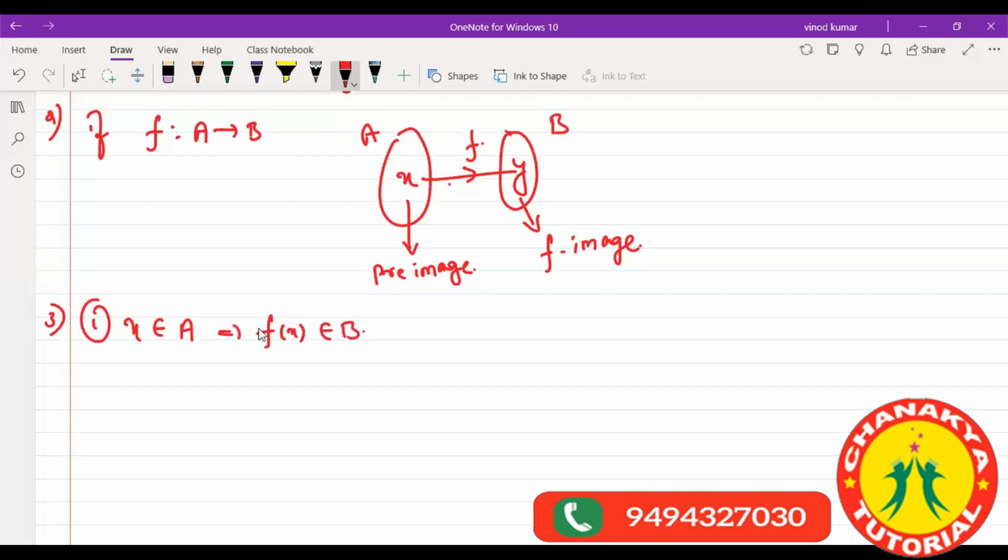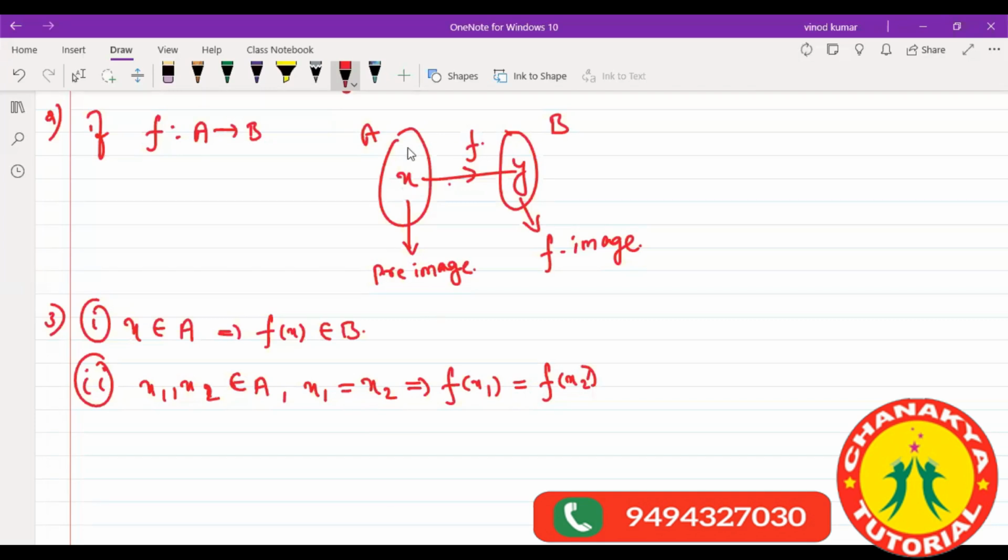And the second condition, uniqueness: x1, x2 belong to A, if x1 equals x2 implies f(x1) equals f(x2). The mapped elements are also equal. If these two are not equal, these two are also not equal. That is called a function.